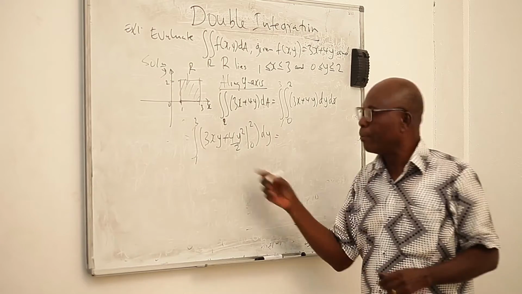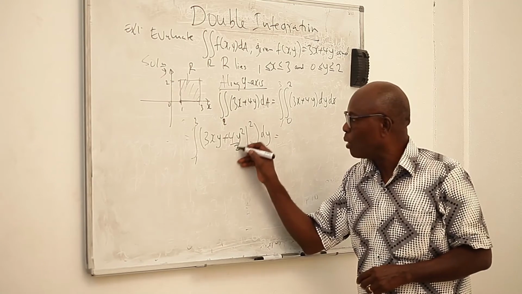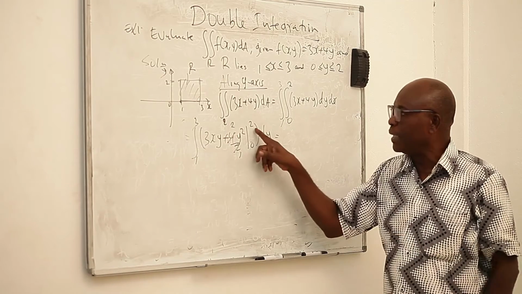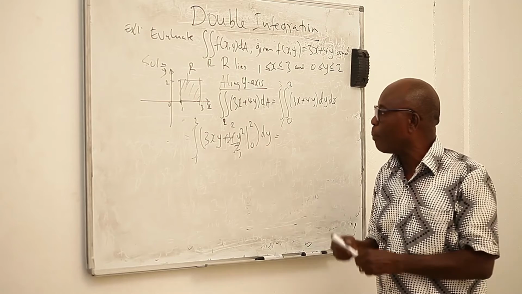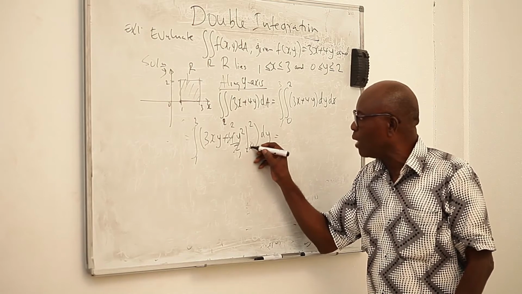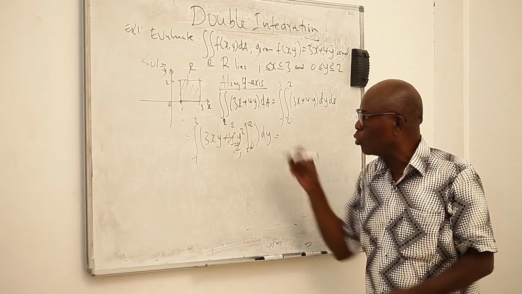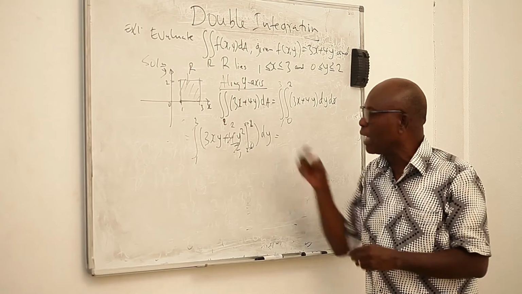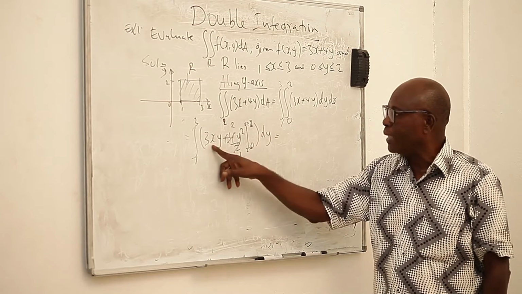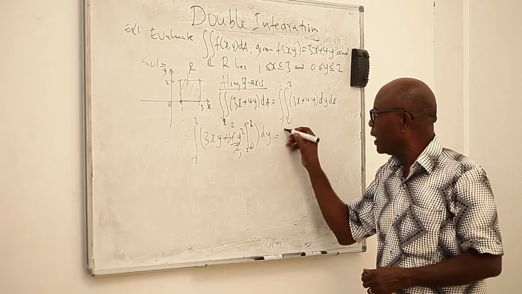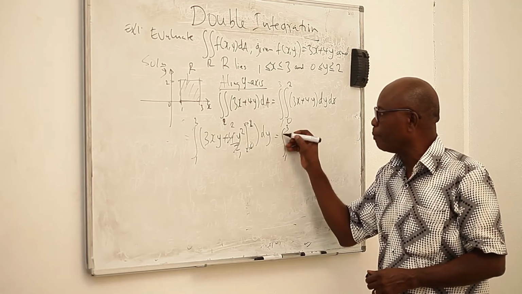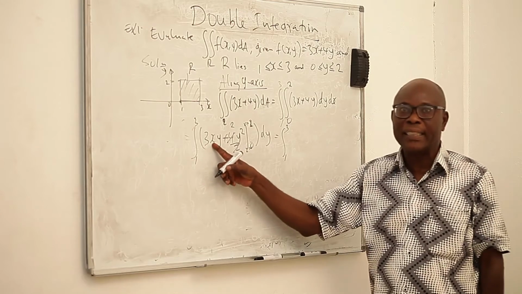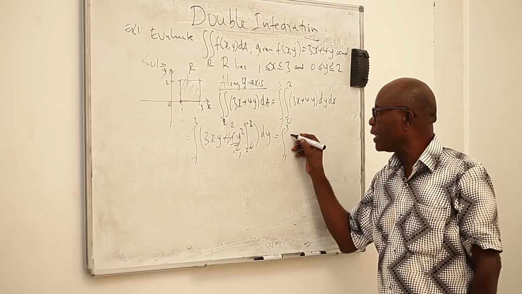So we can tidy up a bit, this one will go here 1, this one will go here 3. Wait, for the y integral the upper limit is 2. So where we see y, we put the upper limit, 2. So we're going to have the integral from 1 to 3, and 3 times 2 will give us 6, 6 times y.